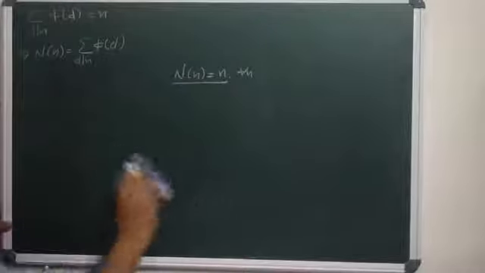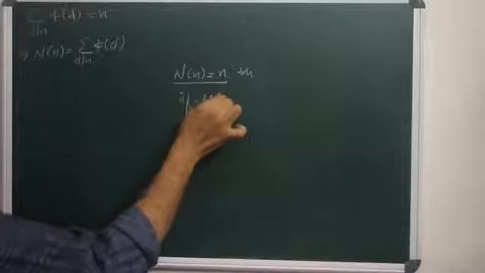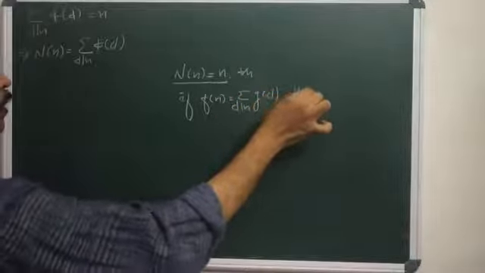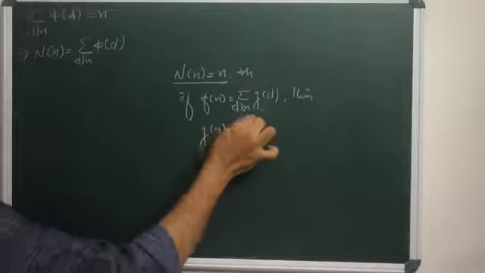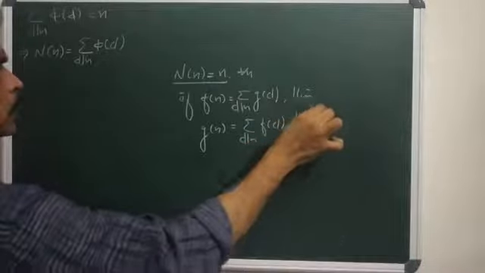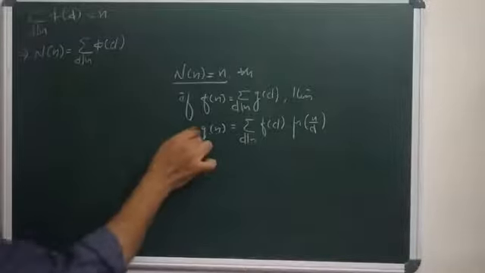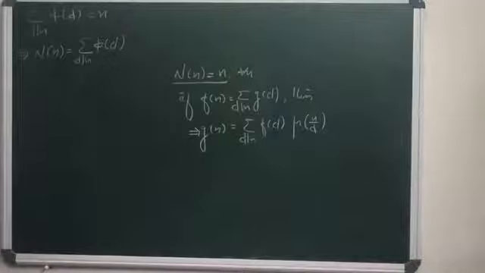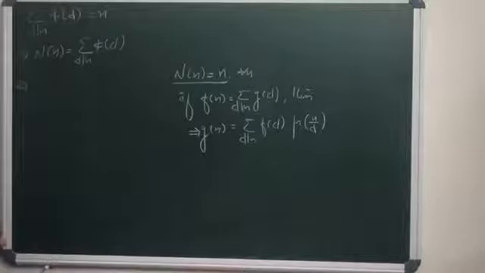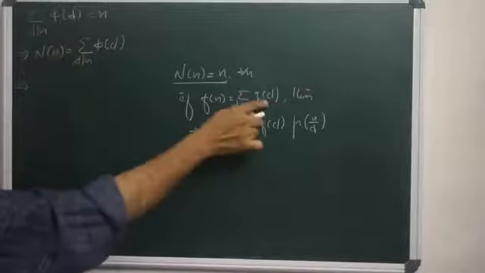What is the Mobius inversion formula? It states that if f of n equals sigma over d divides n g of d, then g of n equals sigma over d divides n f of d into mu of n by d, or g equals f star mu. In the light of this argument, instead of f here it is N, and instead of g here it is phi.